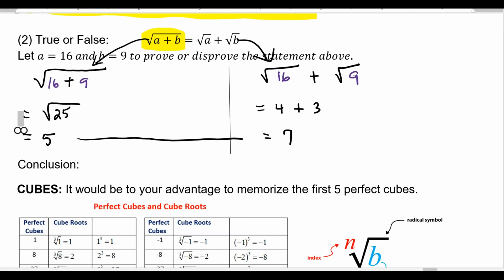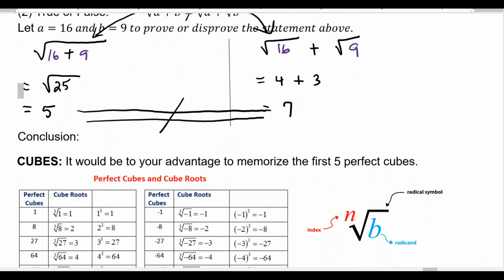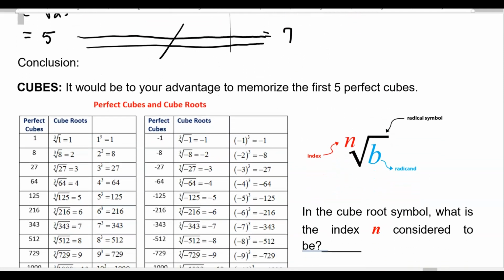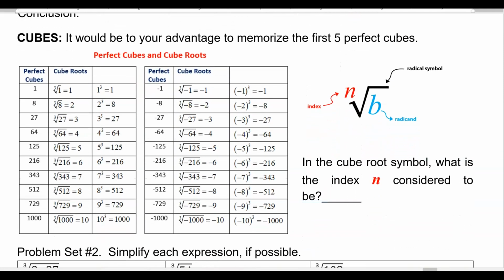Now 5 does not equal 7, right? It does not equal 7. Therefore, the square root of a plus b does not equal the square root of a plus the square root of b. So as long as you know that, it seems tempting that they are equivalent, but they are not equivalent. Now let's talk about cubes for a second.